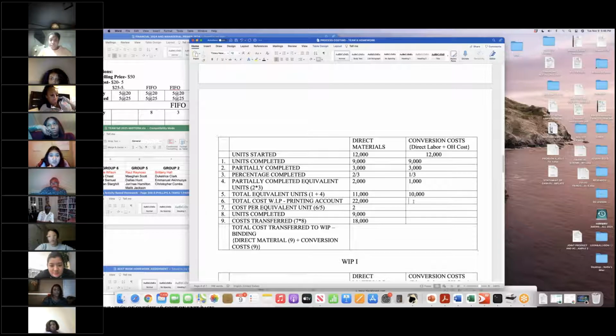What's our total cost in here for the conversion cost, labor and overhead? 30,000. I'm going to take y'all word for it. So what's our cost per equivalent? 3.